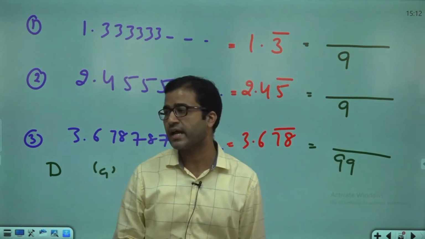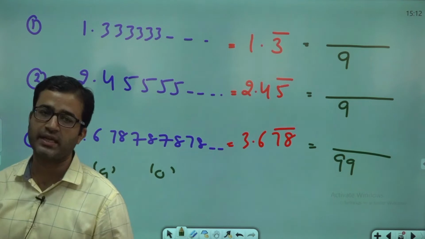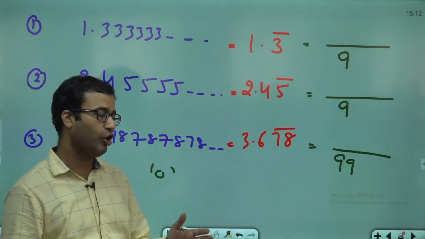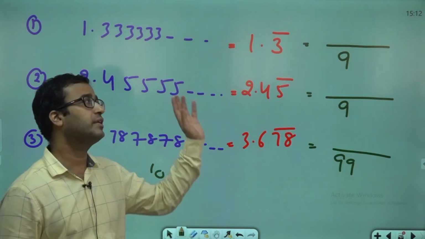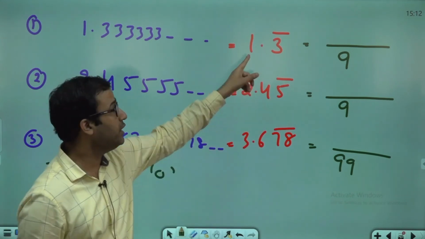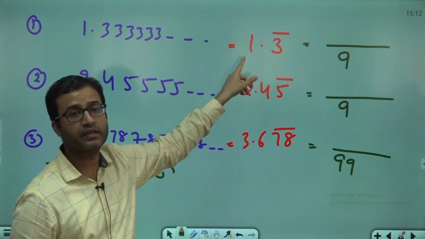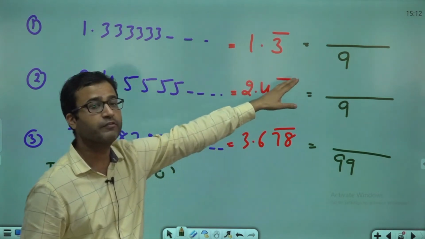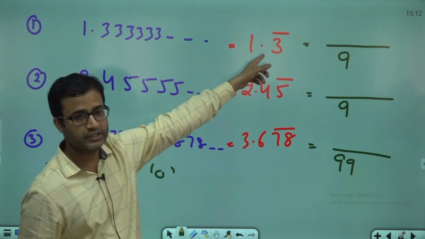As many 9s as digits under the bar, same as type 2.